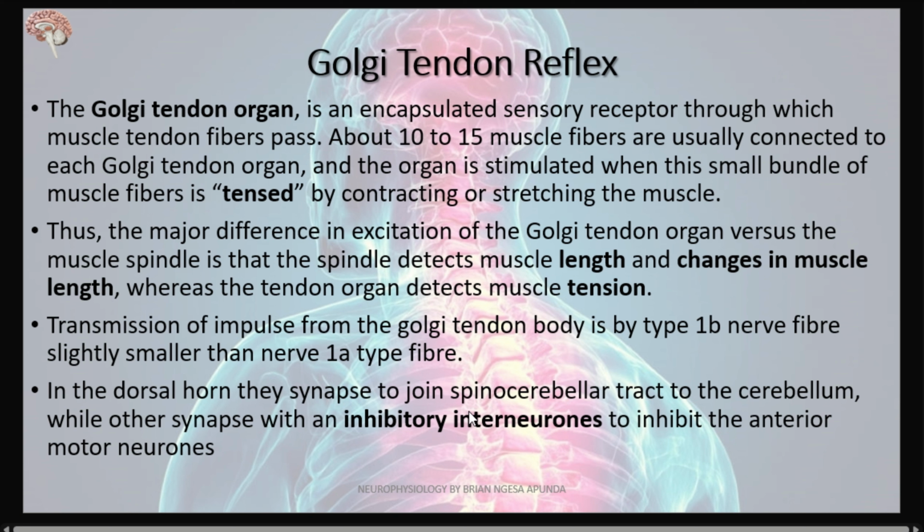So the inhibition is very important, because when you inhibit, you prevent the muscle from further contracting. While this could be a pathway to tell us more about the reflex, we also agree that the proprioception signals are very important for the cerebellum to be able to give us some decision.